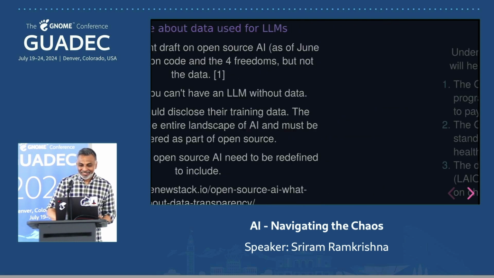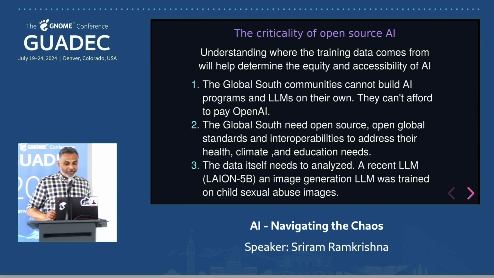And that data is going to be bad, because if you're trying to understand what the training data is, the global South communities cannot build their programs on their own, in terms of accessibility. They can't afford to pay OpenAI. But for them to participate in this, and we need that, because again, sketchy data, right?